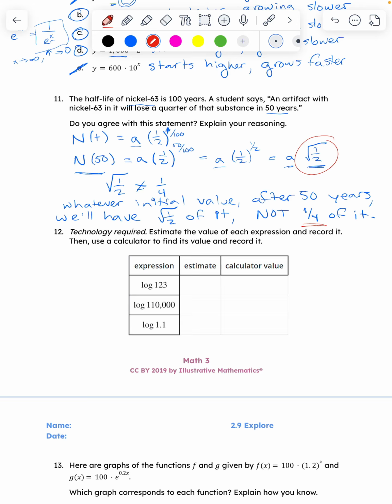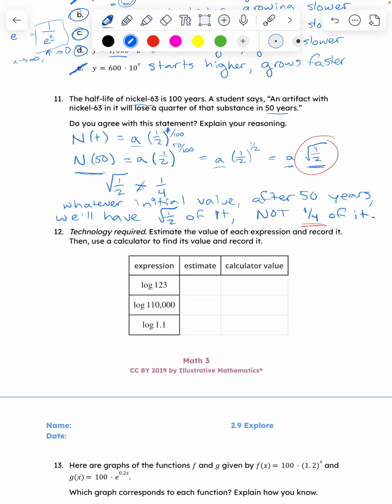Fun fact, this one's like a guess and check problem. So I think it's a really valuable one to go through, but maybe less valuable for me to explain. I can certainly explain how I would go about estimating these values, and then plugging it into the calculator is incidental, right? Log of 123, it's log base 10 of 123. My power of 10 that's closest to 123 is 100.